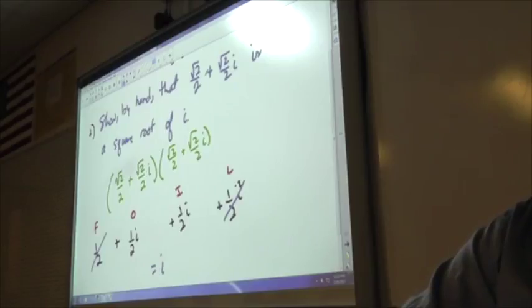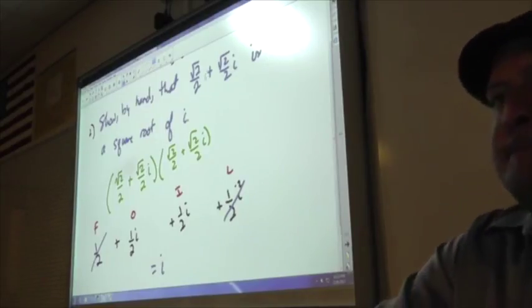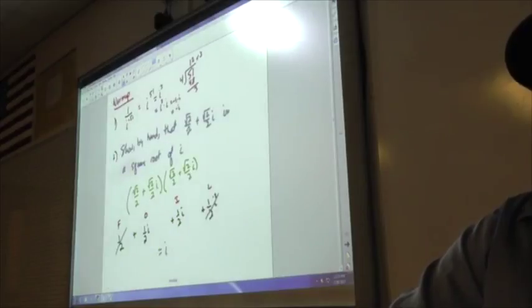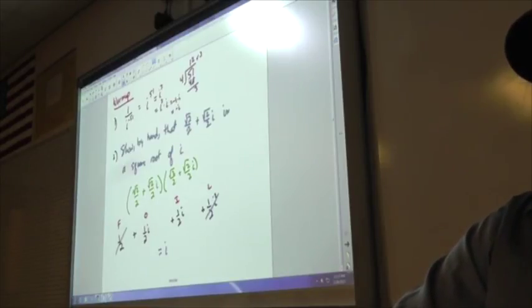Any questions? Can you go back to the first one? How did you get 51 to 12 remainder 3? Well, you divide by 4. 12 times 4 is 48, so the remainder is 3.